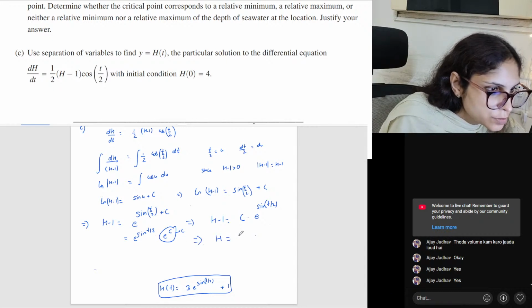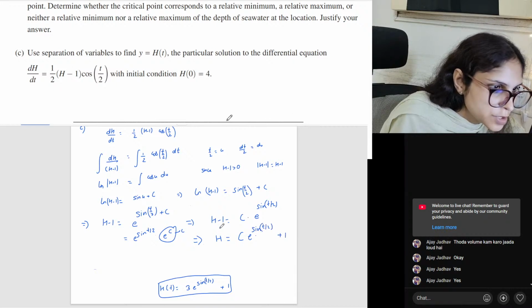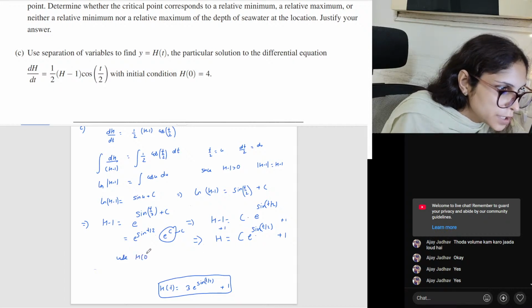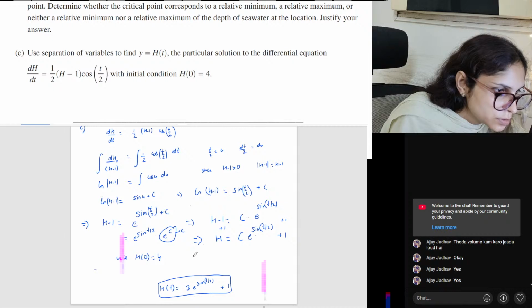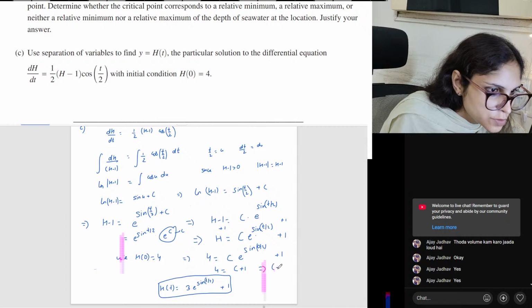Now h is equal to c e to the power sine(t over 2) plus 1, because you're adding 1 on both sides. And now you use h of 0 is equal to 4. So 4 is equal to c e to the power sine 0. 4 is equal to c plus 1, and this will give you c is equal to 3.